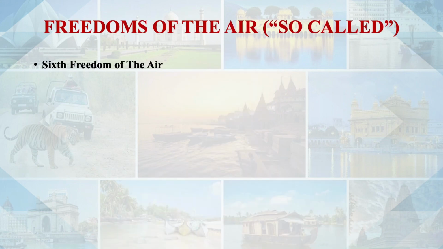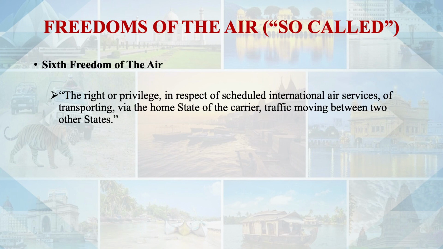Sixth freedom of air provides the right or privilege in respect of scheduled international air services for transporting via the home state of the carrier for traffic moving between two other states. In the sense, three countries are involved, the transportation is between the second country and the third country via the home country.